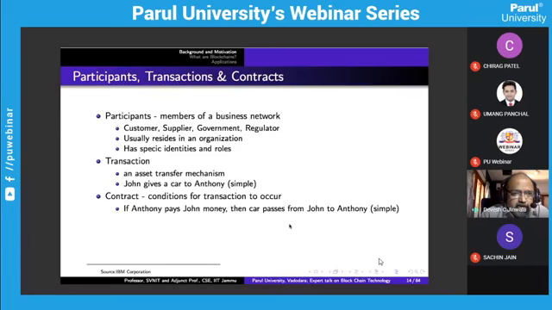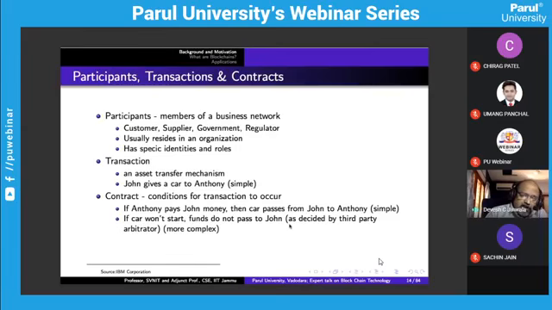If Anthony pays John some money, then the car would pass from John to Anthony. John is selling his car, and so we say that if Anthony pays John money, then the car passes from John to Anthony. But the contract could be complex, which would say that if the car won't start after it is given to Anthony, then the funds should not pass to John.